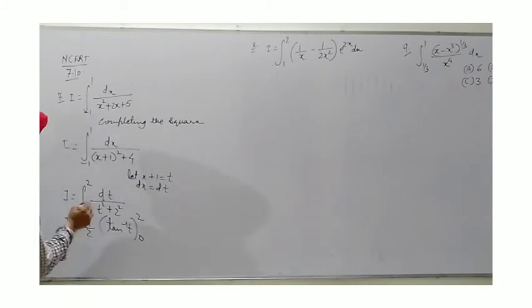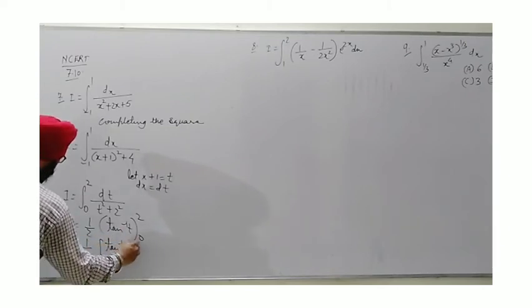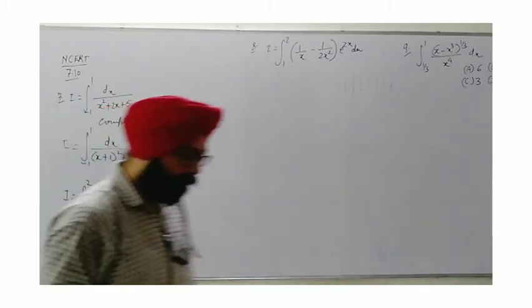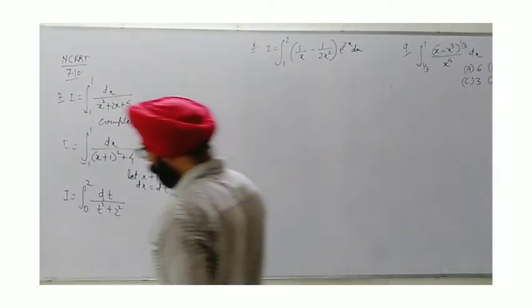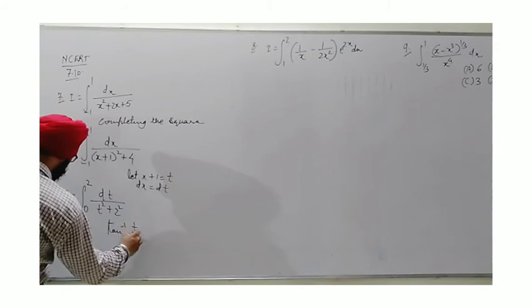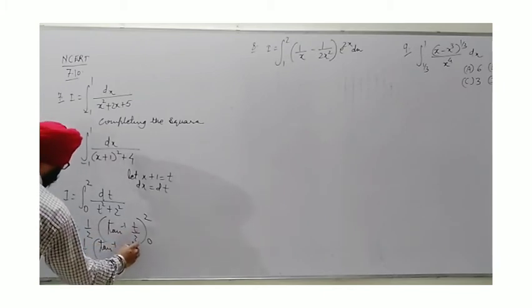Solving, we have I equal to 1 upon 2 times tan inverse 2 upon 2, which is 1, minus tan inverse 0.